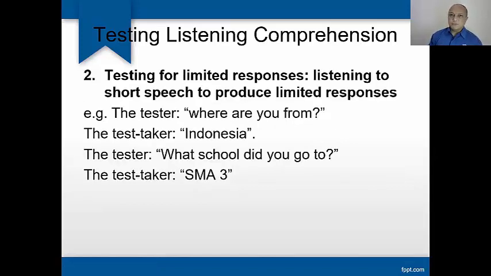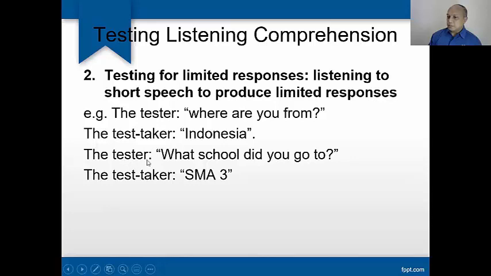This one is testing for limited responses. The test takers listen to short speech to produce only limited responses. For example, the tester says, "Where are you from?" And then the test taker should answer, "Indonesia." That's a very short answer or limited response.